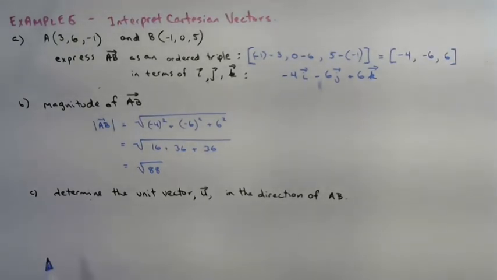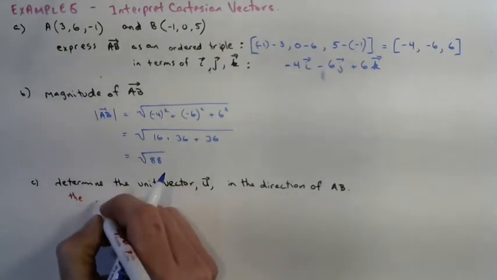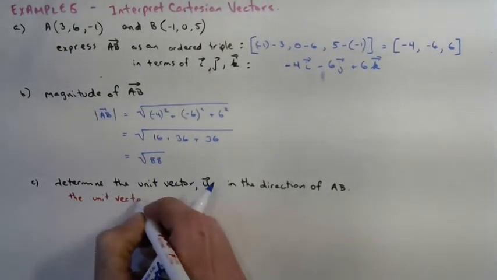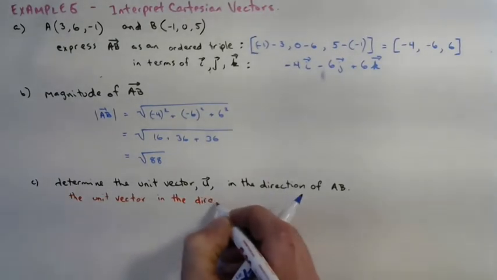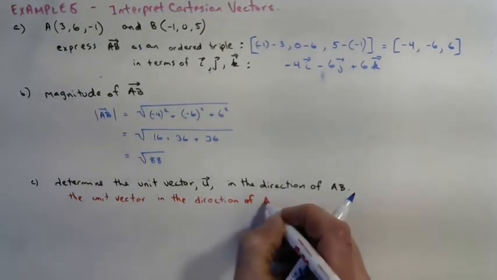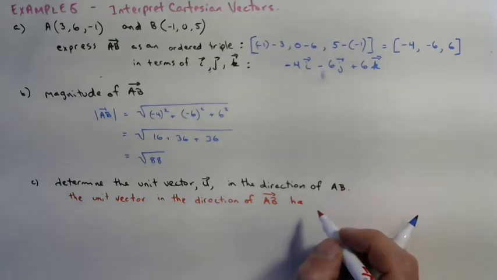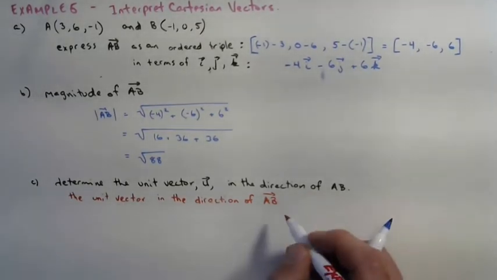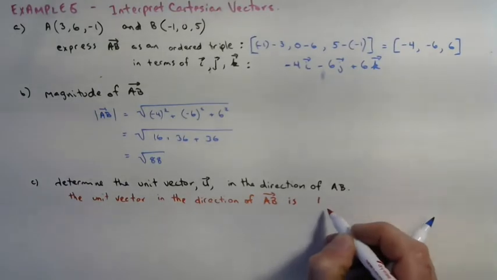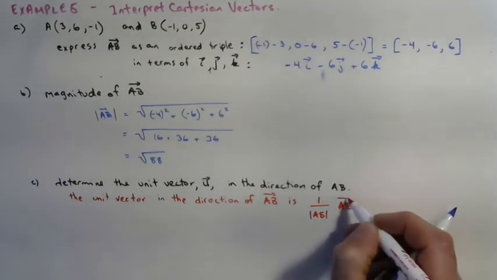Now, last lesson, we learned that the unit vector in the direction of any given vector is, maybe we'll make a note of this in red, the unit vector in the direction of AB is 1 over the magnitude of AB times the vector AB, okay?